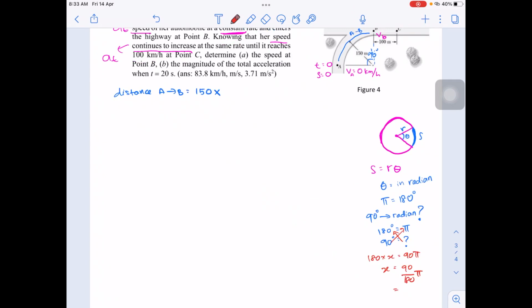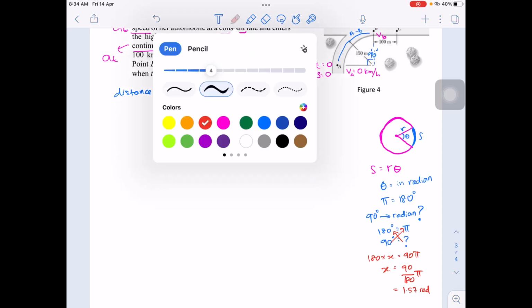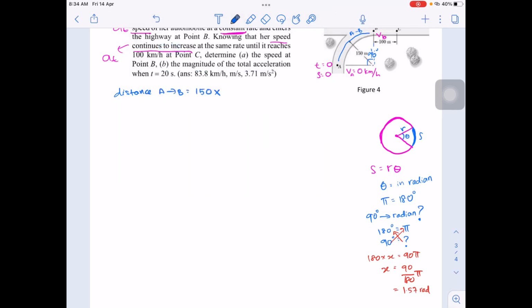Pi is basically 3.142 lah. So 90 times 3.142 divided by 180, 1.57 radian. Okay, so masukkan that information into here, 1.57.